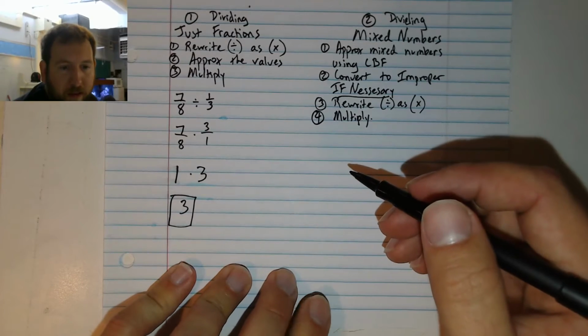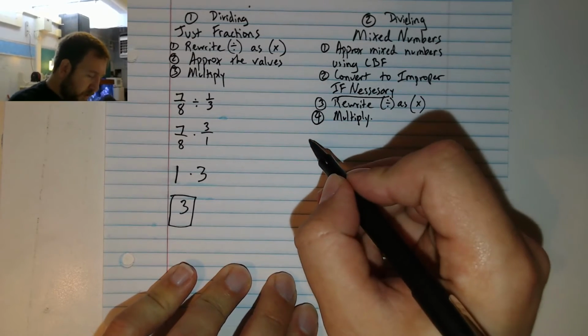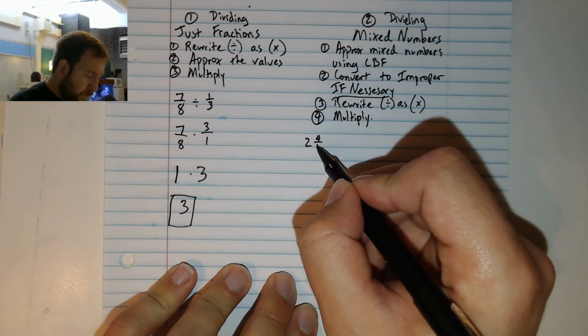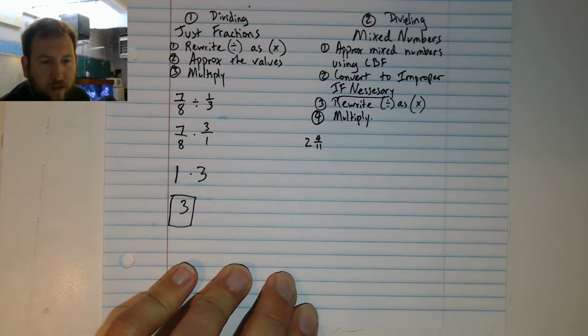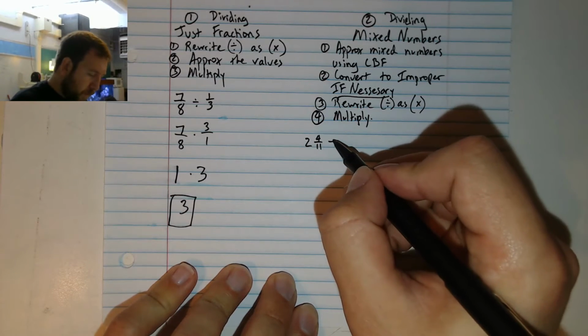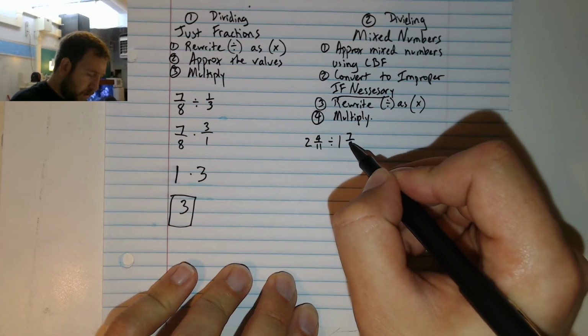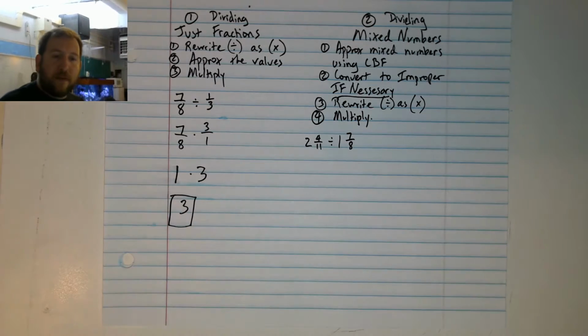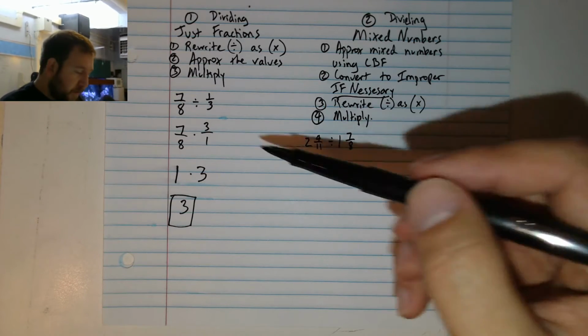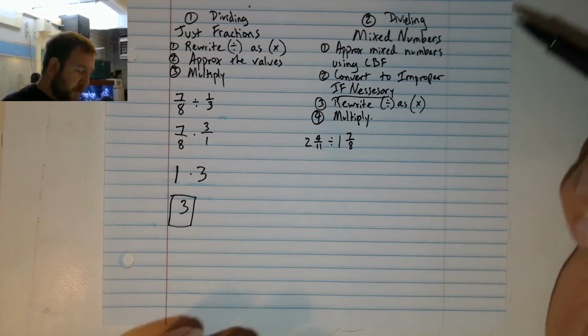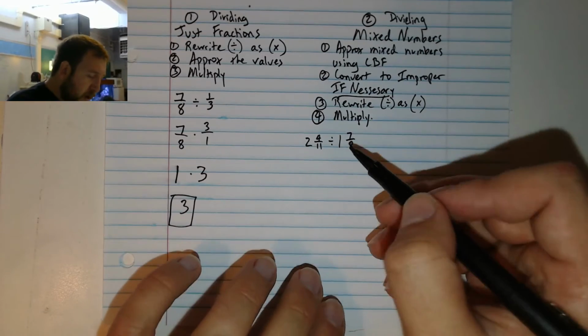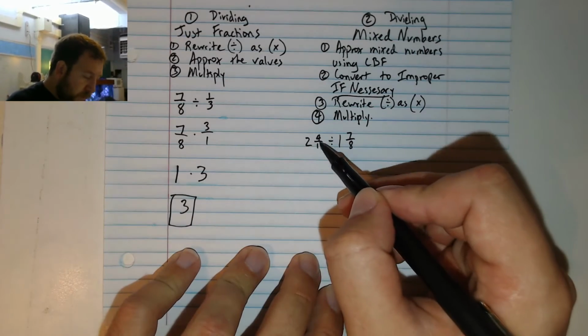All right, I'm going to take the problem of 2 and 4/11 divided by 1 and 7/8. All right, my first step, not like I did before, but differently, is to approximate my numbers using common benchmark fractions. So let's start over here. 2 and 4/11.